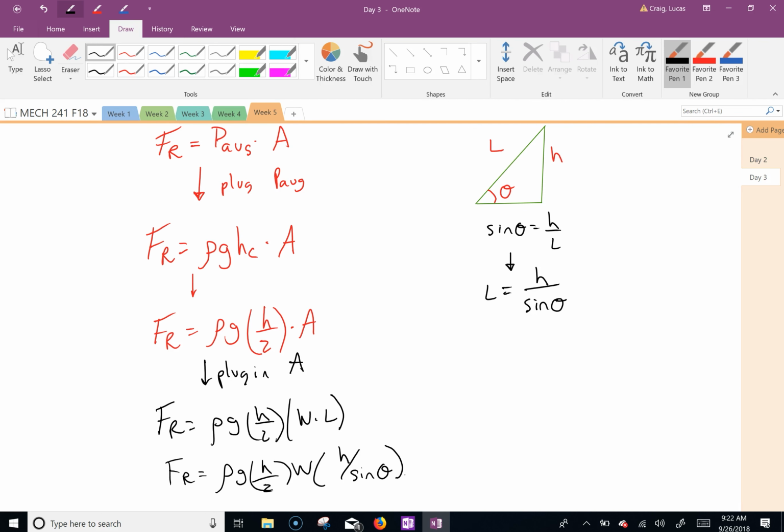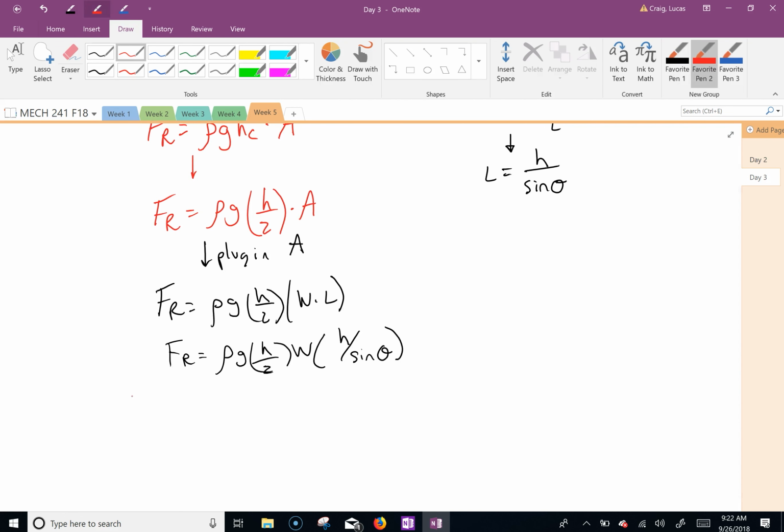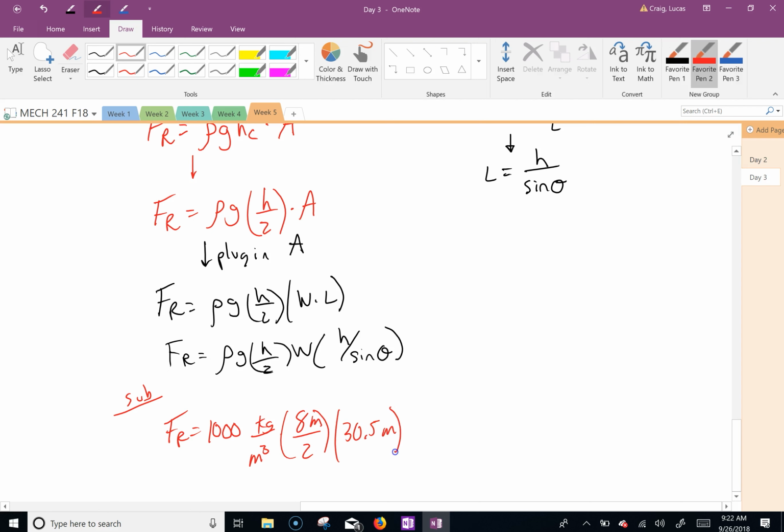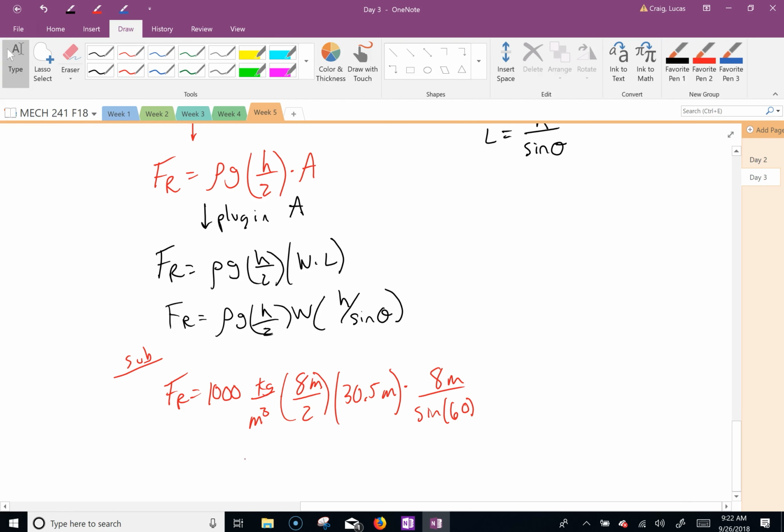So why don't we just sub this right now? 1,000 kilograms per meter cubed times 8 meters over 2 times 30.5 meters times 8 meters over sine of 60. And make sure you're in degrees, not in radians.